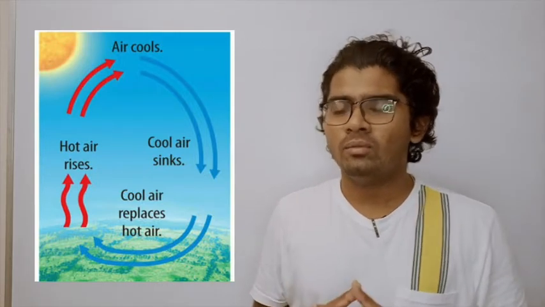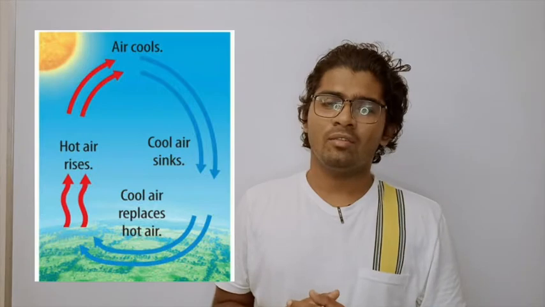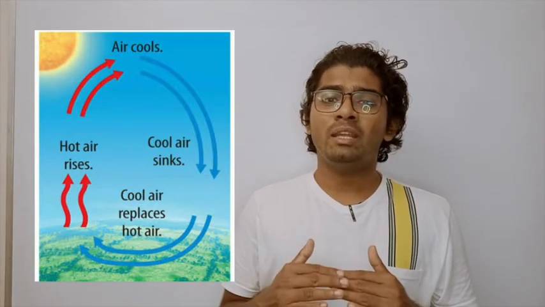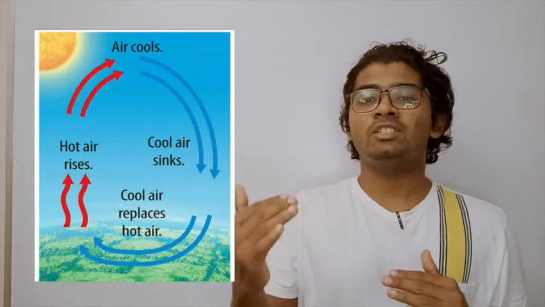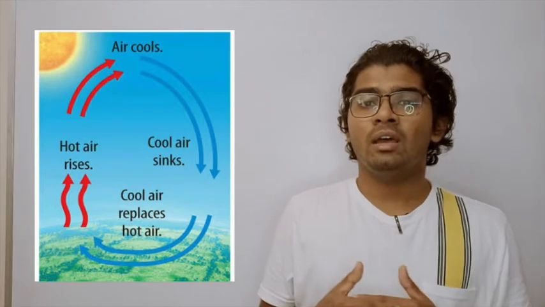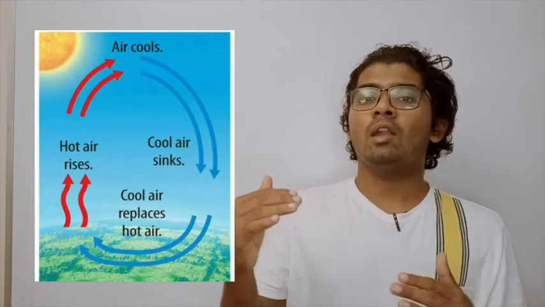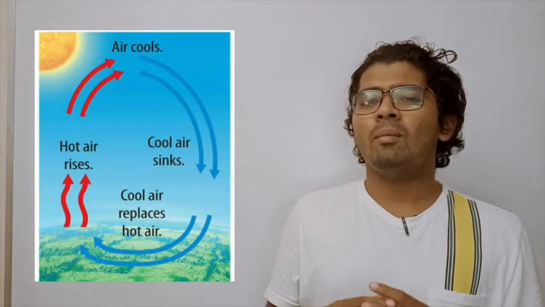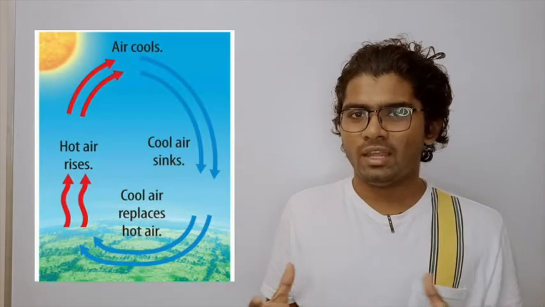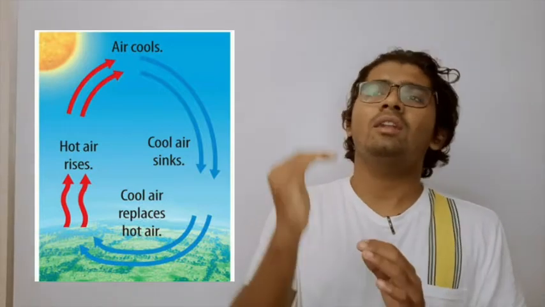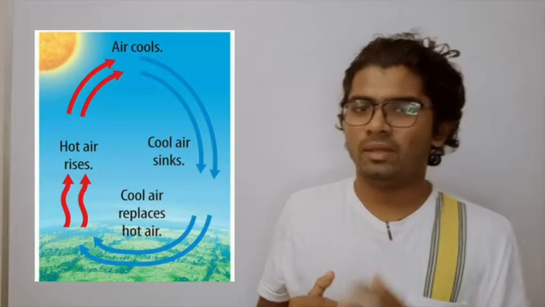This is the mantra we should always remember: when the temperature increases, the atmospheric pressure decreases, because the hotter the molecules get in that place, the particles start becoming lighter and start going up into the atmosphere.